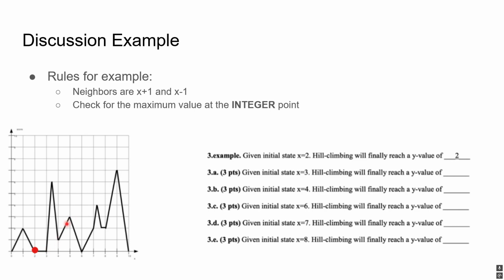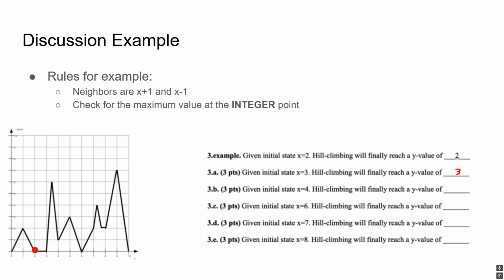So you'll check x is equal to 5, and you'll see that it goes higher and it goes to 3, so then you'll move to 5. You'll check its neighbors, x is equal to 4, it goes down, x is equal to 6, it goes down. You'll stop the iterations at 5, and you'll see that it has a y of 3.